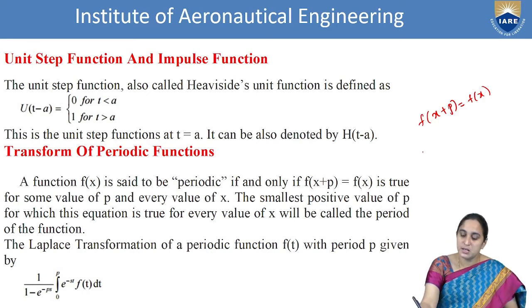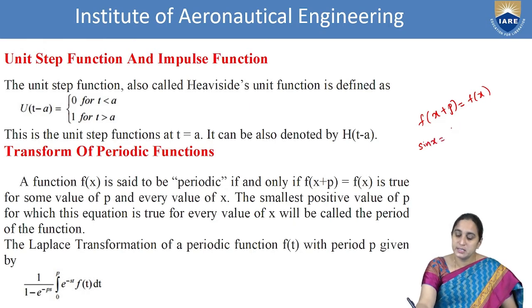I'll give an example for that. For example, sin x. I'll take the period p is equal to pi. Using the periodic function formula, sin of x plus pi means what? That is sin x.